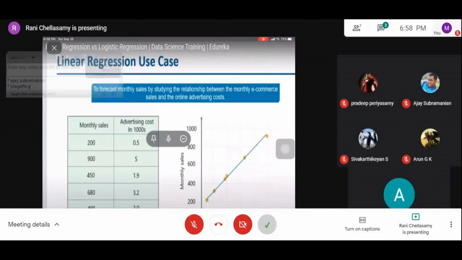The independent variable is advertising cost, that is your x value, and the y value is monthly sales. You can plot the graph between the independent variable cost and the dependent variable monthly sales, so you can predict the monthly sales based on the advertising cost.